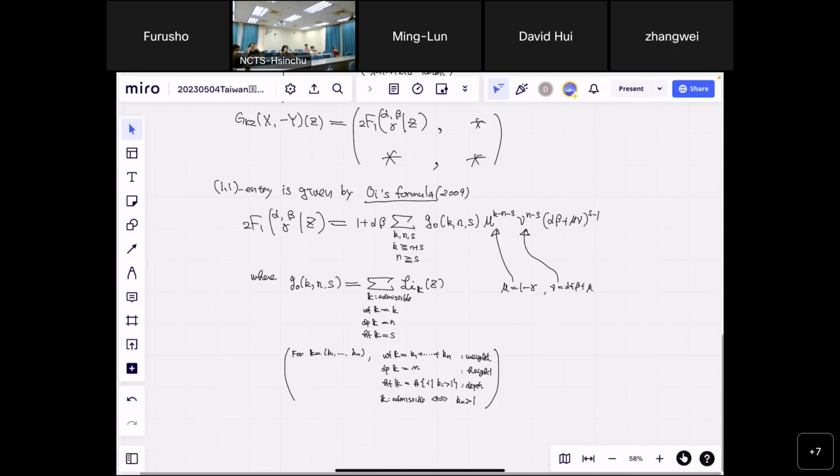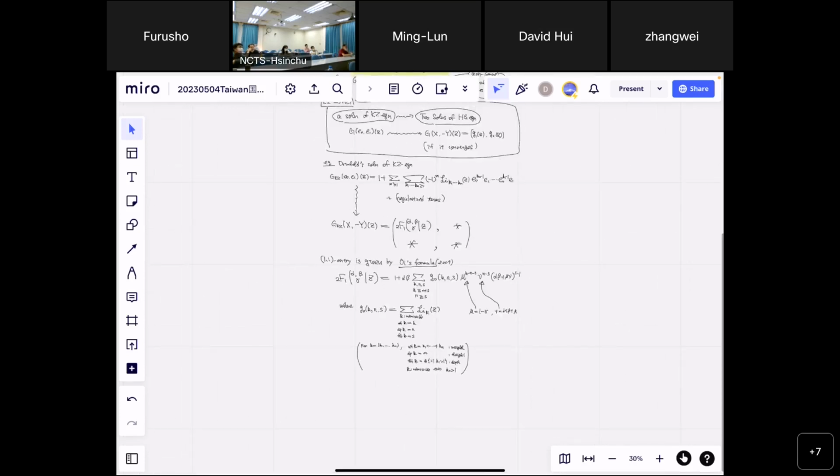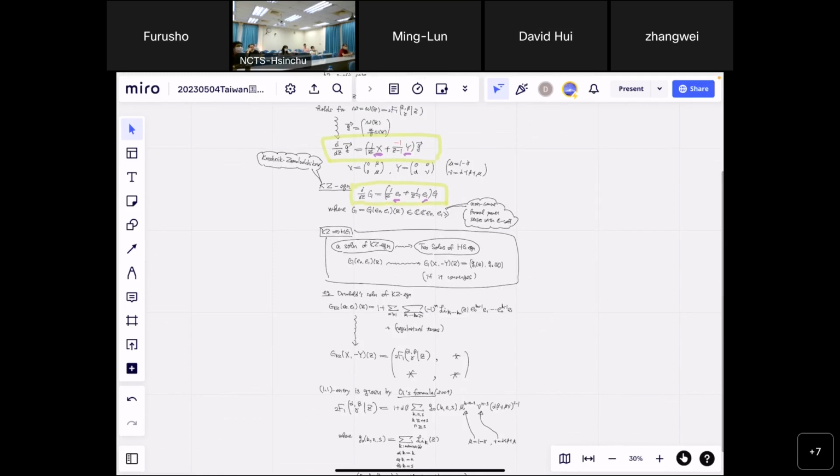This is a hypergeometric function, the Gauss hypergeometric function. And this is a summation of multiple polylogarithms with admissible indices and weight, depth, height all fixed. So this is a finite summation of multiple polylogarithms. This is how we can write down a hypergeometric function as an infinite summation of multiple polylogarithms, and this is obtained by a relationship between the KZ equation and the hypergeometric equations.